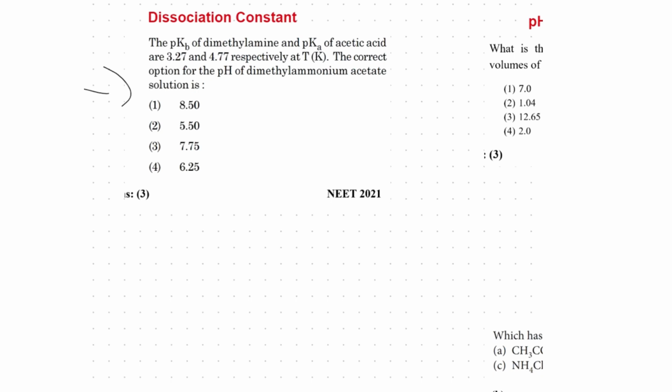For type 4 salts, the formula for calculating the pH is pH equal to 7 plus half (pKa minus pKb). This is the formula.